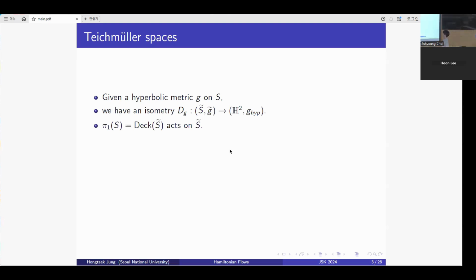Your fundamental group of S can be identified with the deck transformation group. And this deck transformation group acts on your universal cover as isometries. And we define the following representation. If you have a deck transformation group element, we just take the conjugation by this isometry.